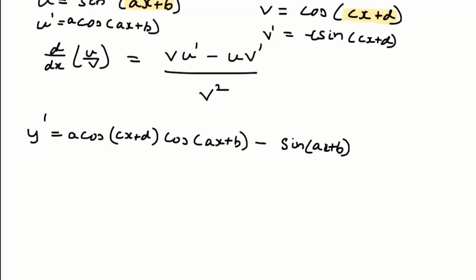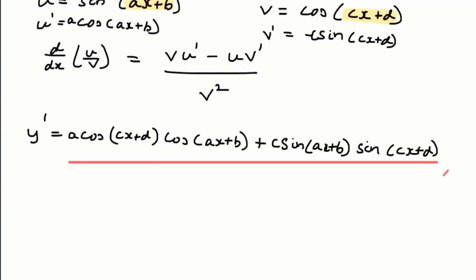V dash is, there is a negative sign, negative c, so this becomes plus c sine of cx plus d, the whole thing divided by v square. What is v? Cos of cx plus d, so it is v square. This is what I have got.